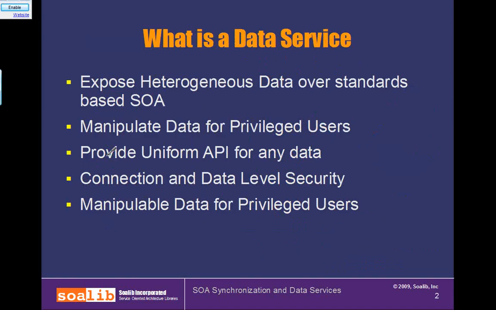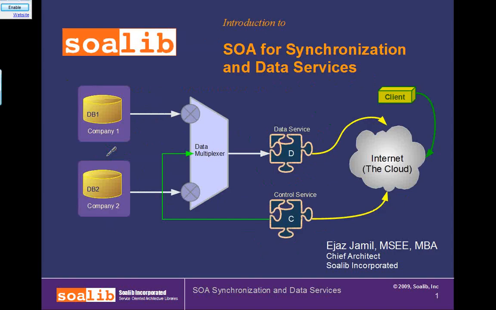Connection and data level security. Now, as you know, the data belongs to a company, and the client is trying to access the data through a connection, which are these two connections. So why would company 2 want to give a connection to a client? Isn't that a security breach?